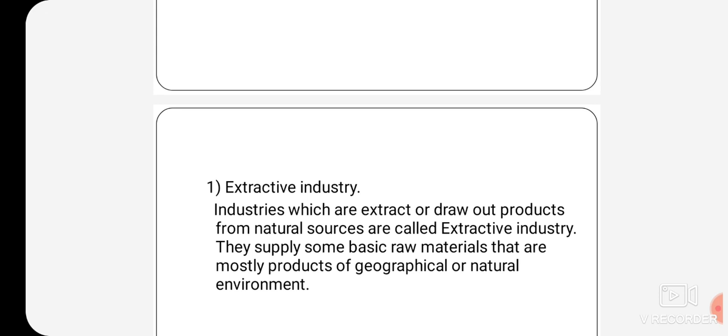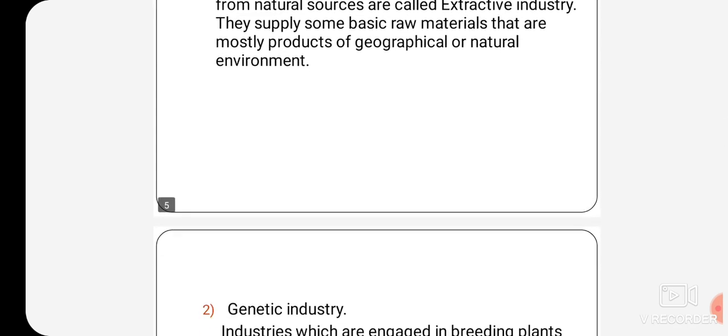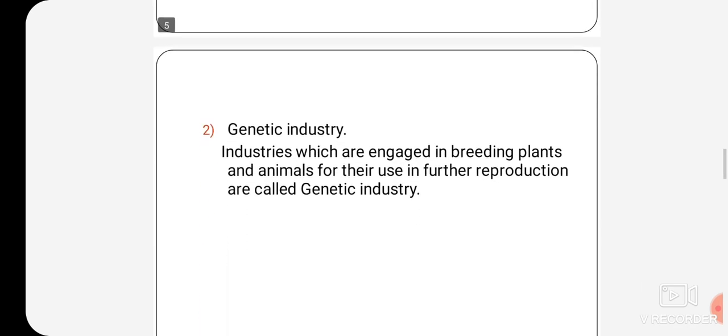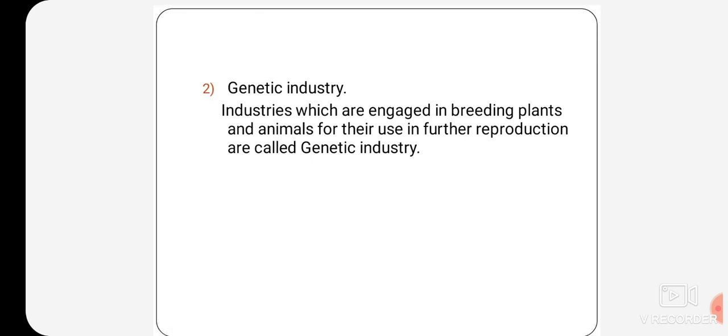This is the second one which we are going to study under the heading of primary industry, that is genetic industries. Genetic industries are the industries that undertake breeding of plants and animals which can be used for further reproduction.